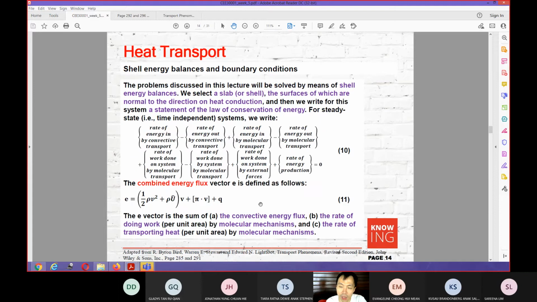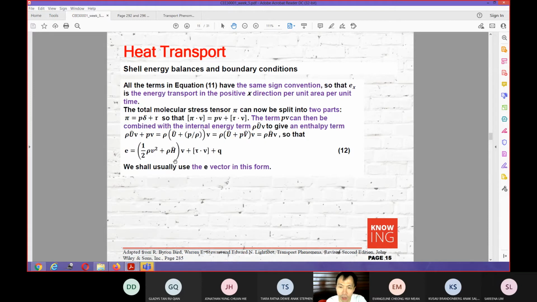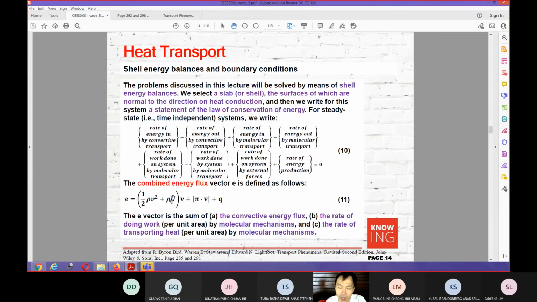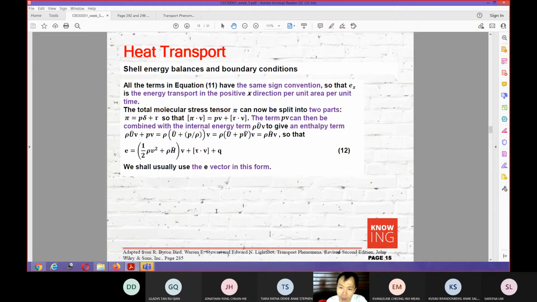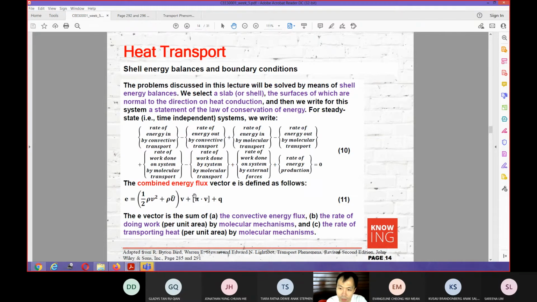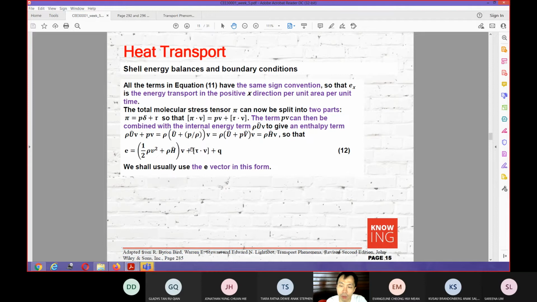Equation 11 can be converted to equation 12. Note that in equation 12 in here we come with enthalpy, whereas in equation 11 it comes with the internal energy. And in equation 11 we have the combined stress, whereas in here we come up with the shear stress only, right?